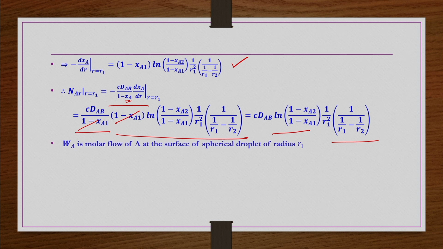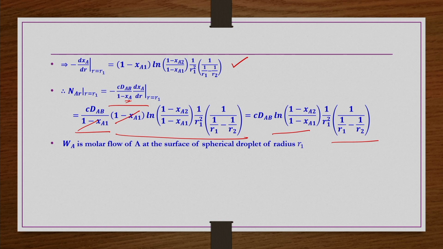Now, if you wanted to know the rate of mass transfer in terms of moles per time, that is WA, the molar flow of A at the surface of the spherical droplet of radius r1. What you have to do is take this flux and multiply it by the surface area through which the mass transfer is taking place.